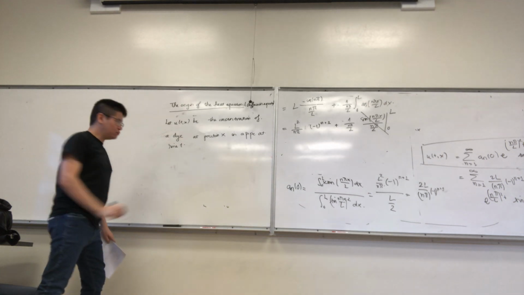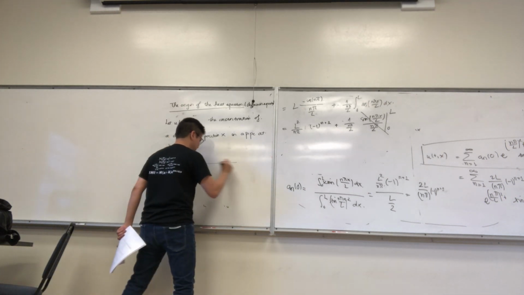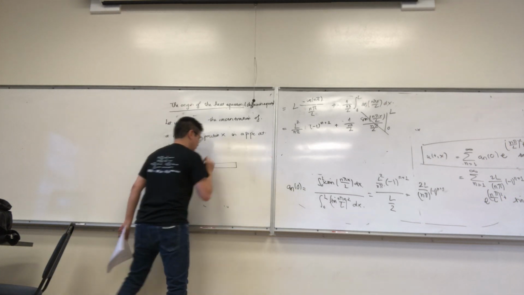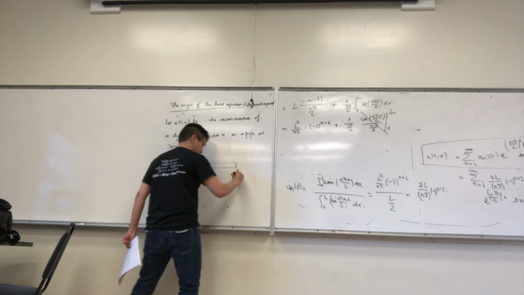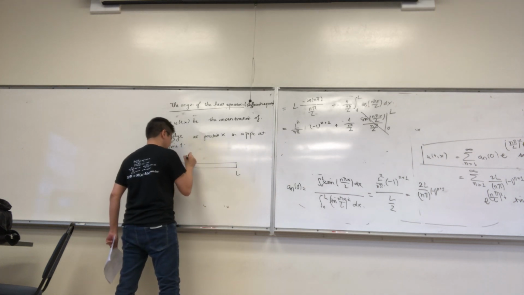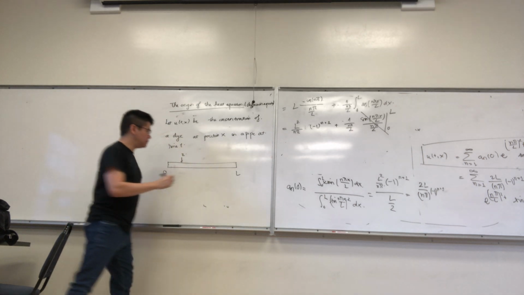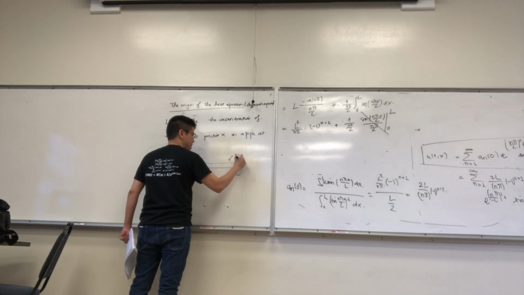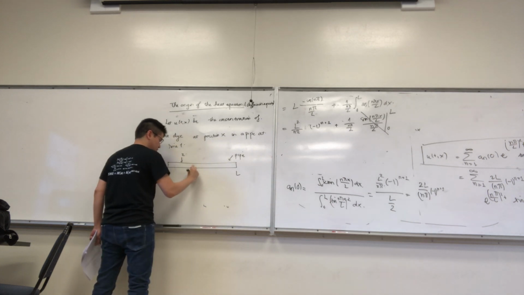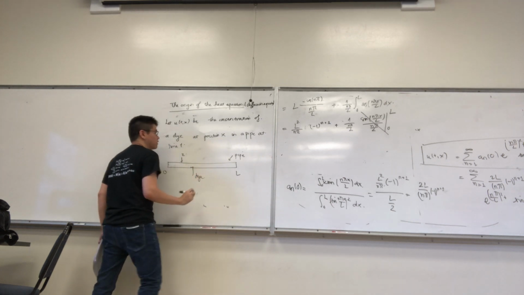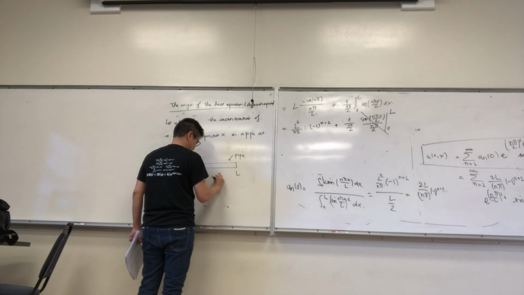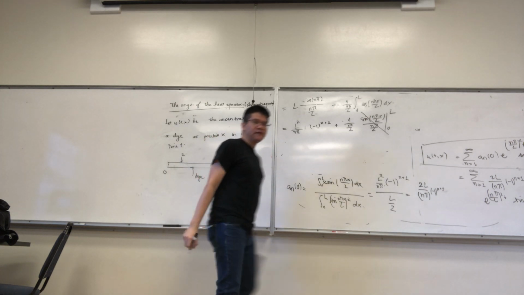So now you consider a pipe, and the pipe is going from 0 to L, and this is the position x. And in the pipe, you have a line with concentration u(t,x).